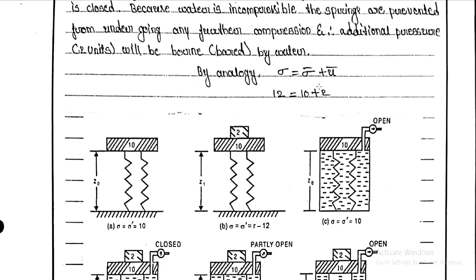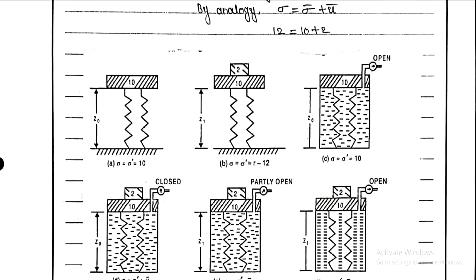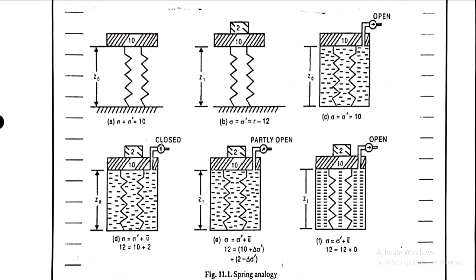If the outlet valve is closed, 10 will be borne by the spring and 2 by the water. If we open the outlet valve partially, slowly this 2 units borne by the water is transferred to the springs, and the springs slowly come down.